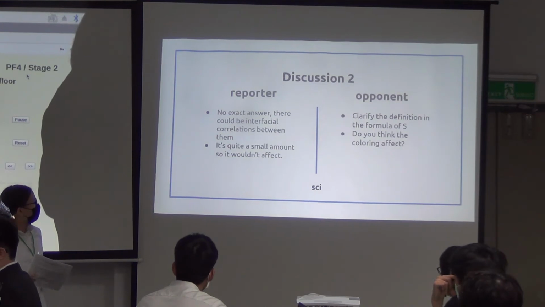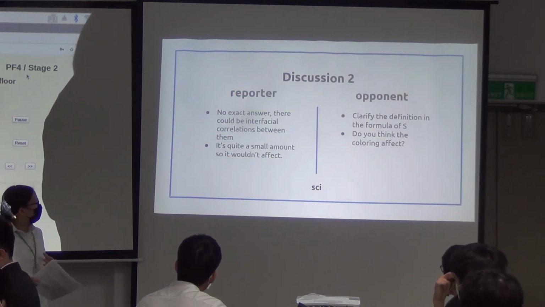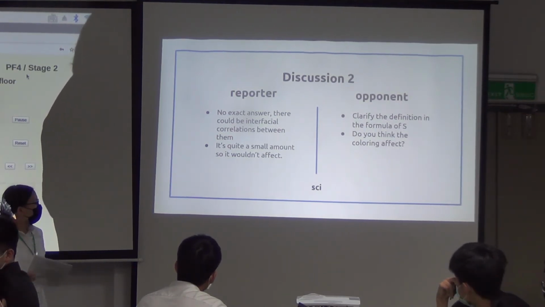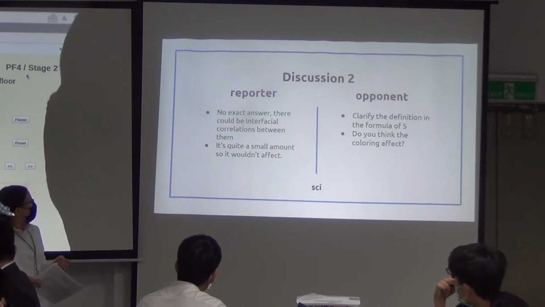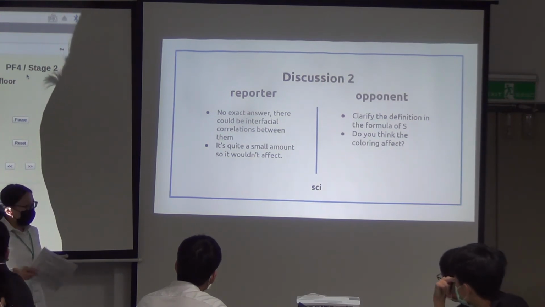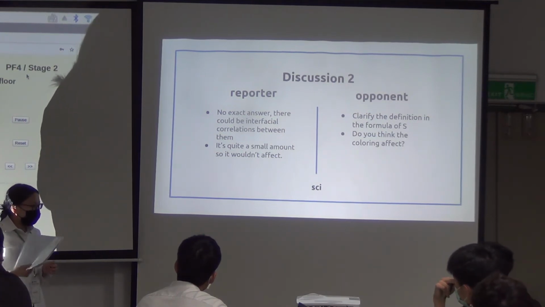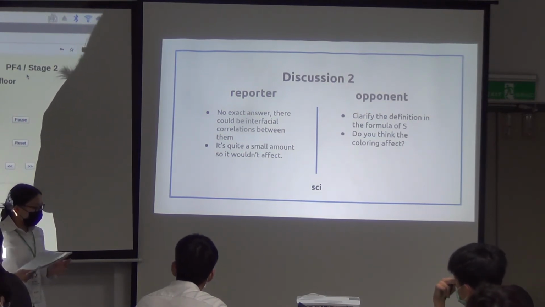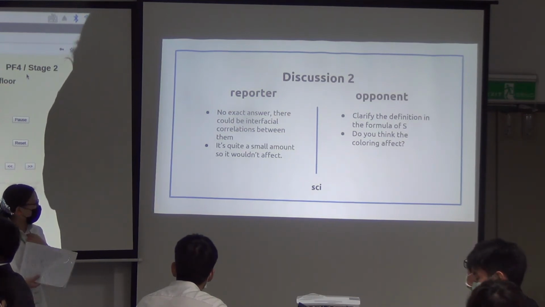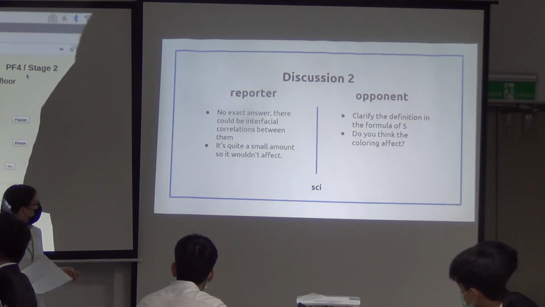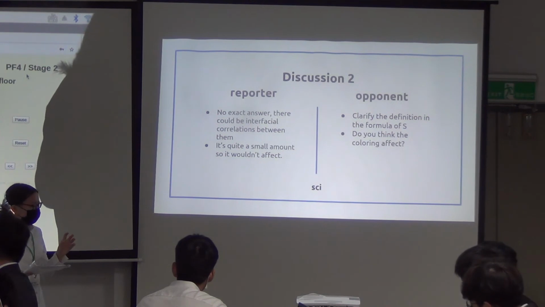And the opponent asked to please clarify the definition in the formula of S, which is the spreading coefficient. And the reporter gave no exact answer, though she mentioned the interfacial relations between the tensions. But we personally think that is not clear enough, and the reasons are not strong enough either.